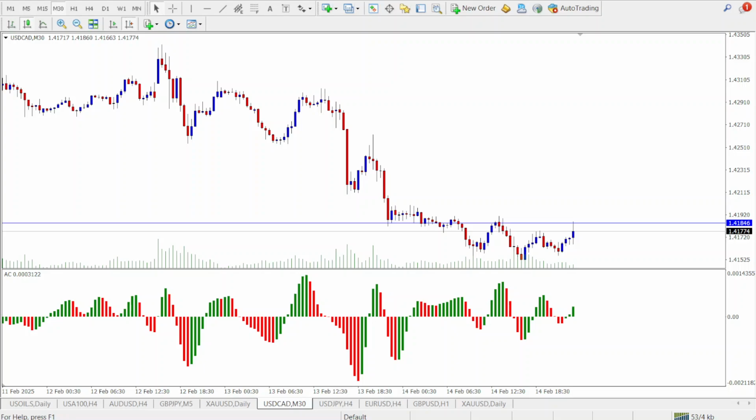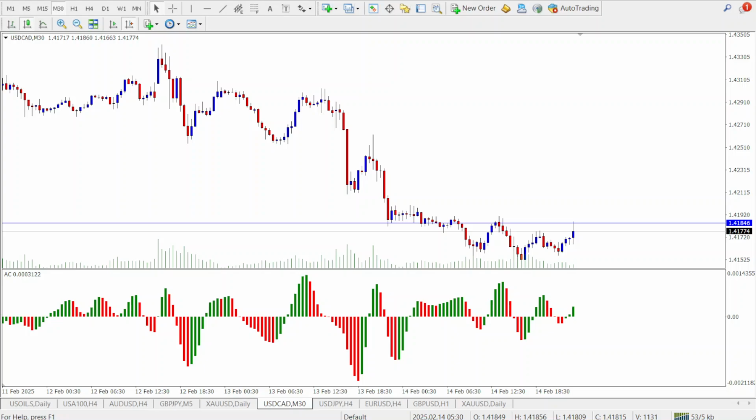Now that we know what the Accelerator Oscillator is, let's go over how to read its signals effectively. The AC is built on the awesome oscillator, but adds another layer of insight, helping traders confirm momentum strength before entering a trade. So how do you interpret the signals?